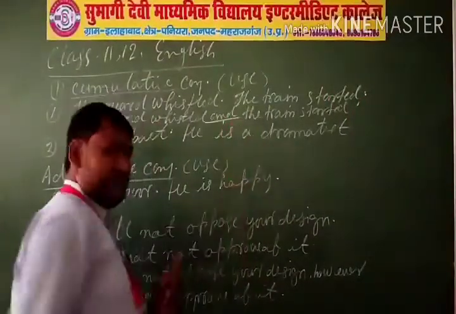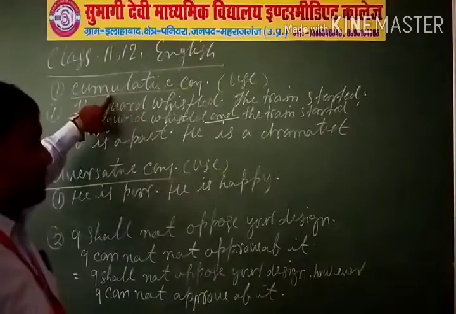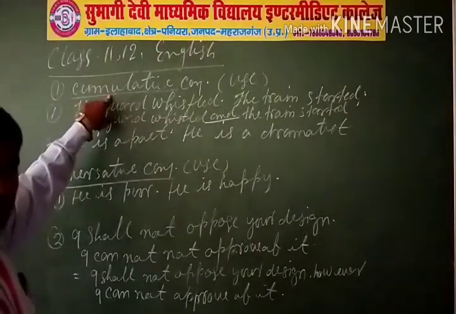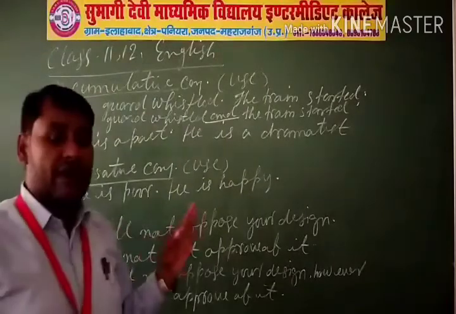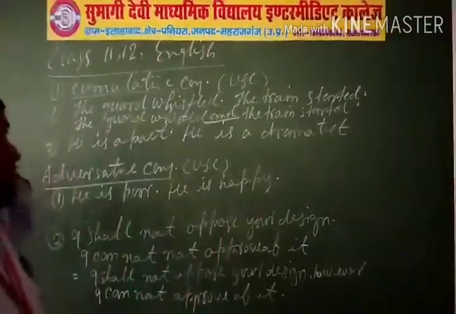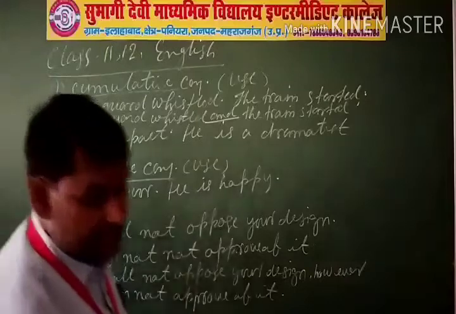Here, and is the cumulative conjunction. By the help of cumulative conjunction, we have to join two or more simple sentences into one compound sentence.